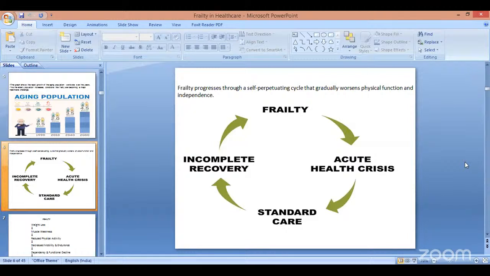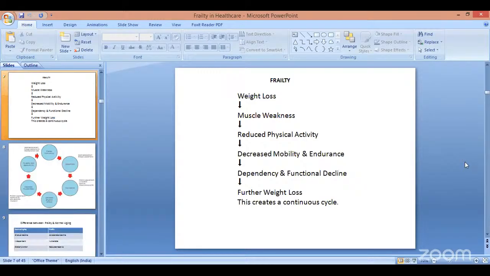So here is the chart where we can see that frailty progresses through a self-propagating cycle that gradually worsens physical function and independence. In frailty, an acute health crisis leads to the need for standard care. And if the patient is not able to make a complete recovery, it again leads to frailty.